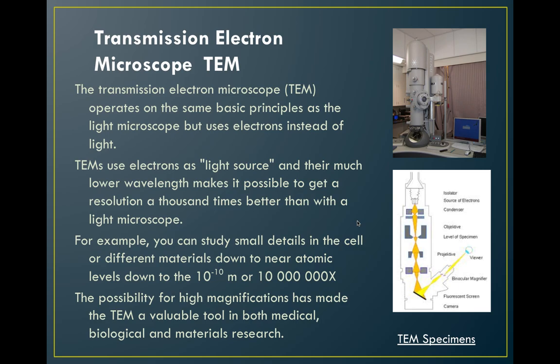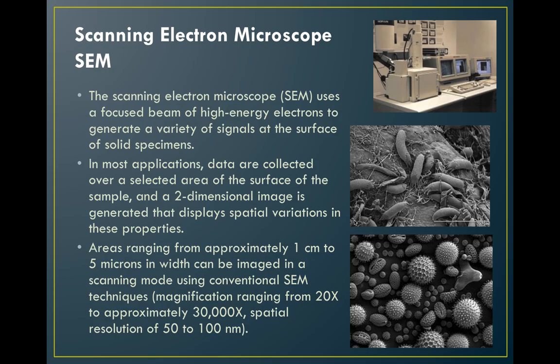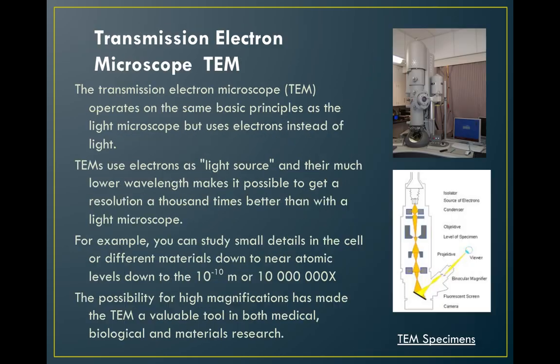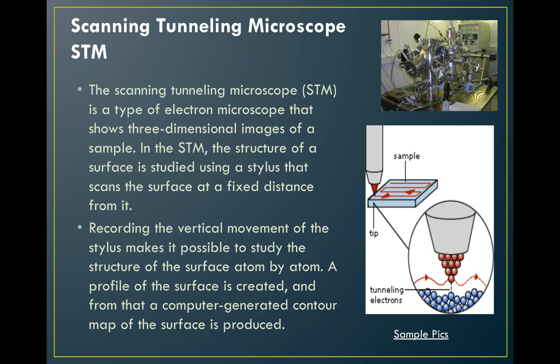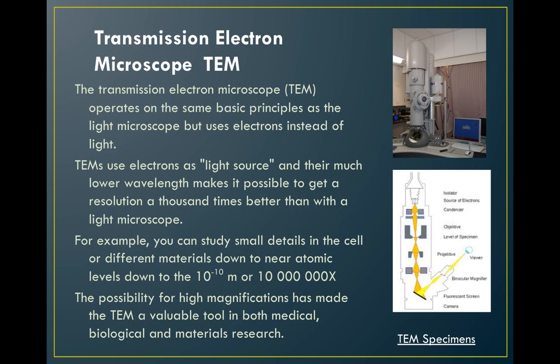So there are types of electron microscopes. There's transmission, scanning, and scanning tunneling. So what's the difference between these microscopes? For a simple lesson, TEMs are like light microscopes.